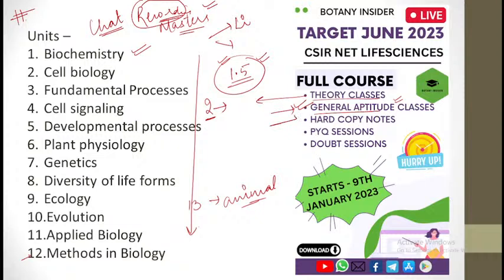Then hard copy notes. We have a few students who have already enrolled and submitted their address with us. They're about to get their first hard copy of the detailed notes. You'll get the hard copy of your notes in 5 to 7 days, depending upon which state you are in.